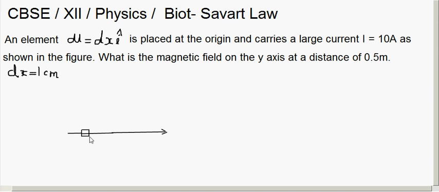Then we have the y-axis, x, y, and this is dx.